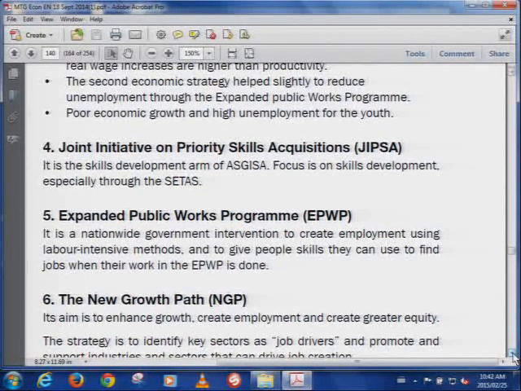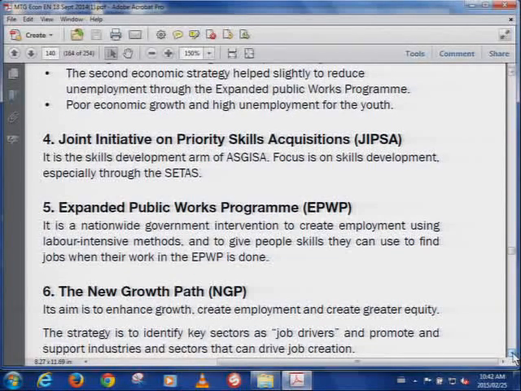And then there was GIPSA that came in. GIPSA stands for Joint Initiative on Priority Skills and Acquisition. There was also a realization that the unemployment that we're experiencing in the country was due to the lack of skills. And then hence this strategy was adopted, GIPSA. It is the skills development arm of ASGISA.